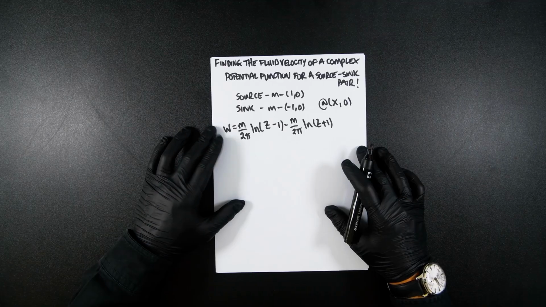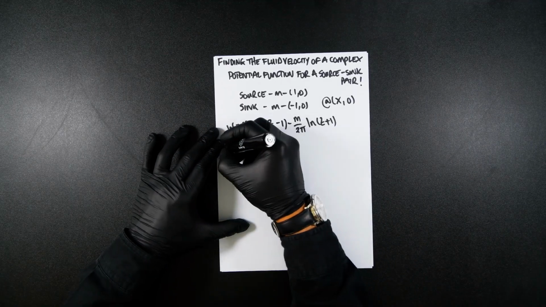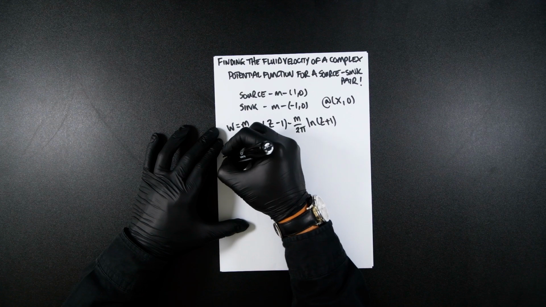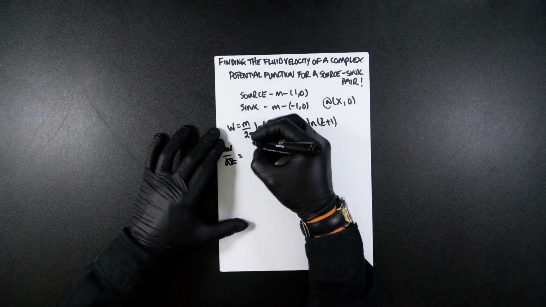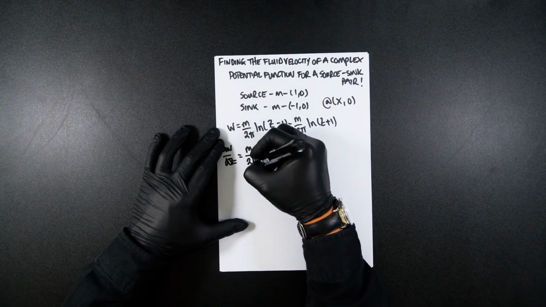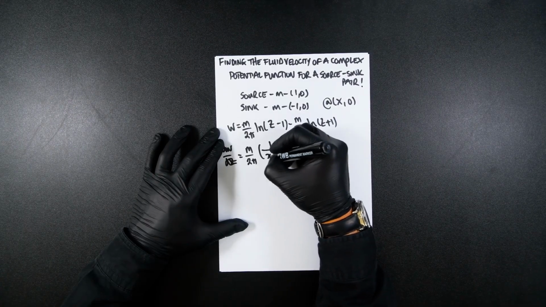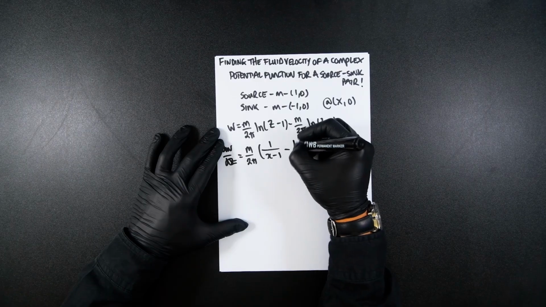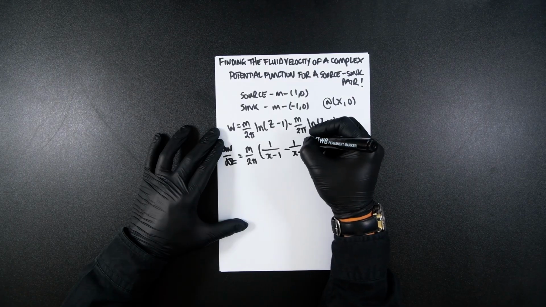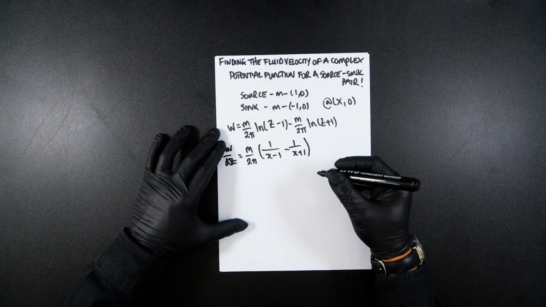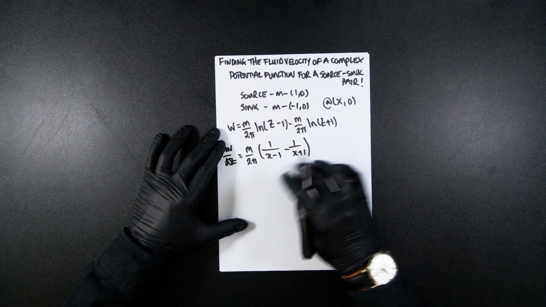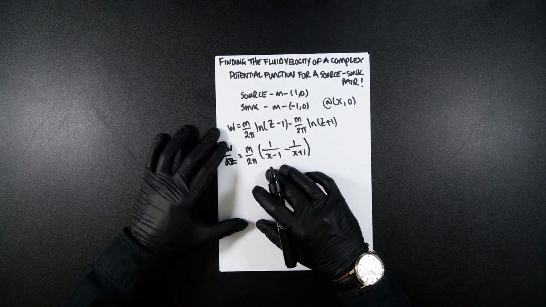Let's differentiate this. So dw/dz is m over 2 pi, and then this differentiated is going to be 1 over (x minus 1) minus 1 over (x plus 1), and we want to multiply this across and simplify it.